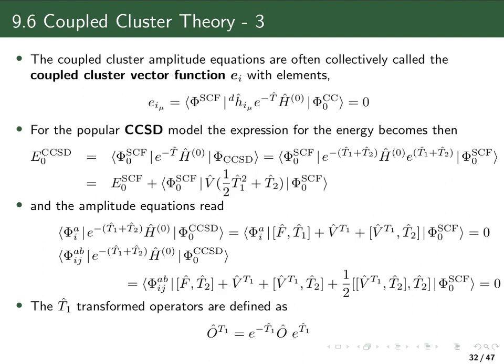And this can become rather expensive already. So one has many equations for the doubles amplitudes, and one, based on perturbation theory arguments, keeps only the lowest order terms in these doubles amplitude equations.